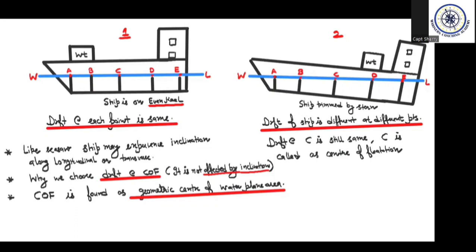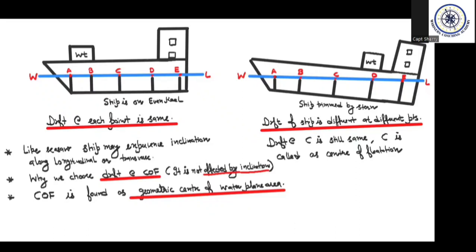Okay, what is happening in figure 2? Now I have shifted the weight. This weight which was in the forward section, I've shifted to the aft section. So in figure 2, the weight has come to the aft section, which has made the vessel trim.